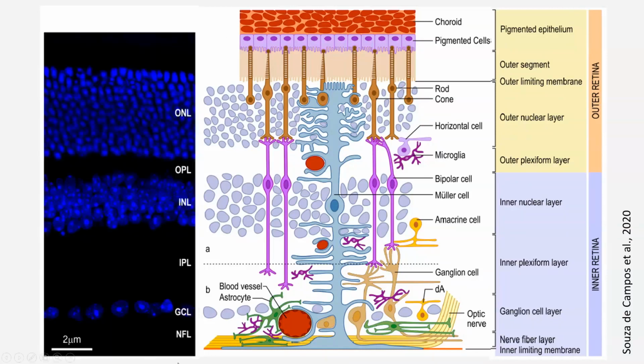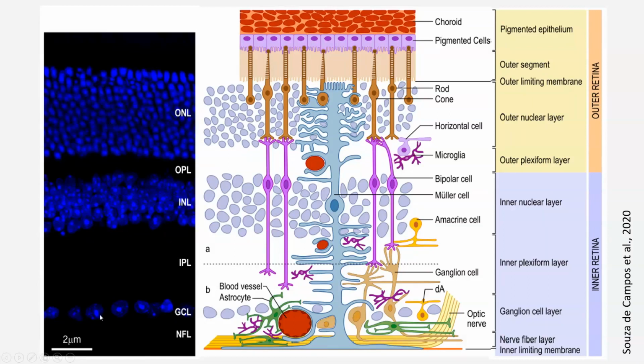This is a vertical section of a mouse retina, and it's similar to the work that we do. You can see the nuclei of the photoreceptors in the outer nuclear layer, the nuclei of the supportive cells in the inner nuclear layer, and also the nuclei of the ganglion cells.